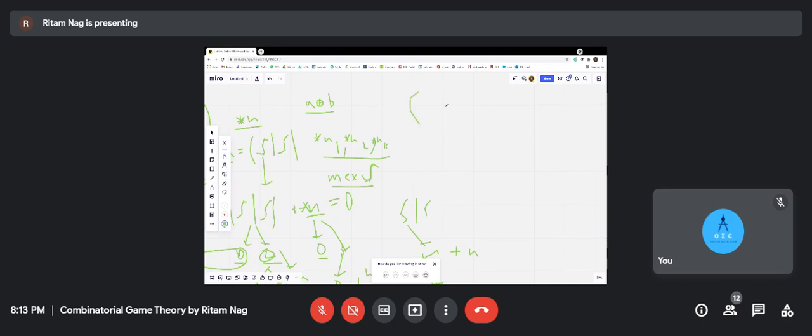Yes, 0 is defined as this. Even I have a doubt about the definition of zero. Initially I thought zero is like nobody has a move. That is the definition of 0: the game where both L and R are the empty sets. That's the definition of 0.